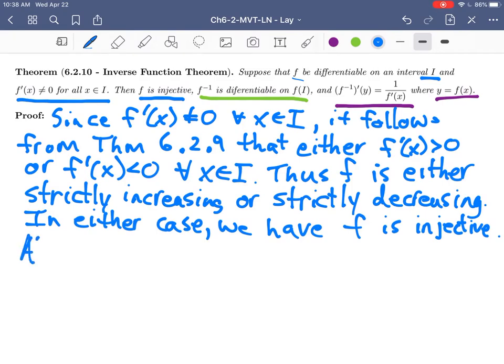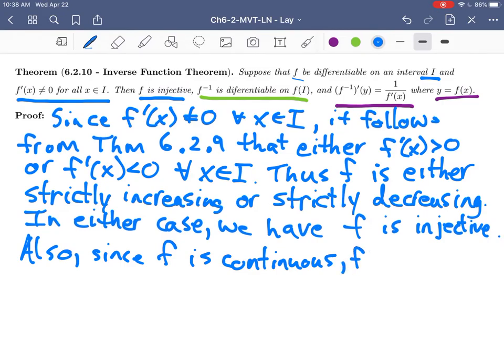We might also note, since f is continuous, f of I is an interval.